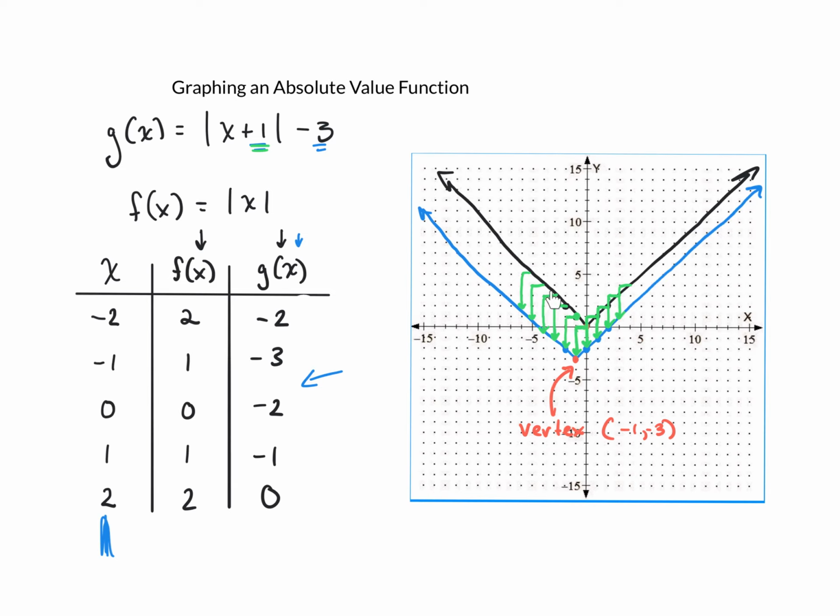And because every point is moving in unison, this is what we call a translation. It's just simply a shifting of the graph. So this graph was shifted, or translated, if you want to use the proper word, it was shifted 1 unit left and 3 units down.